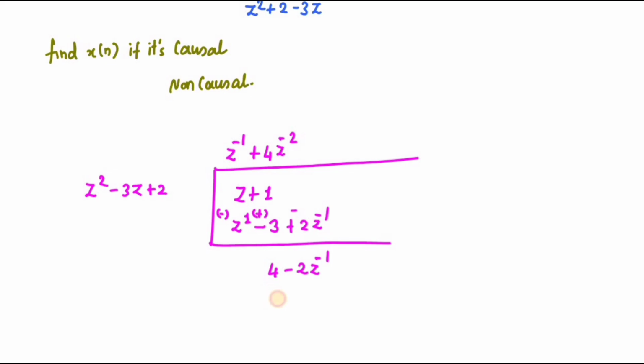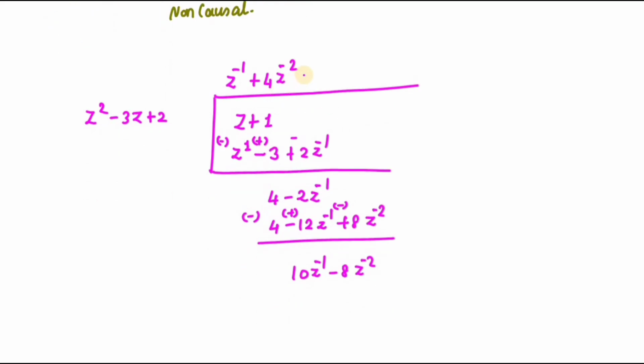So you will get 4 z power minus 2 into z power 2 is 0, minus 12 z power minus 1 plus 8 z power minus 2. So if I subtract, this becomes subtraction, this becomes addition, this is subtraction, right? So I will get 10 z power minus 1 minus 8 z power minus 2.